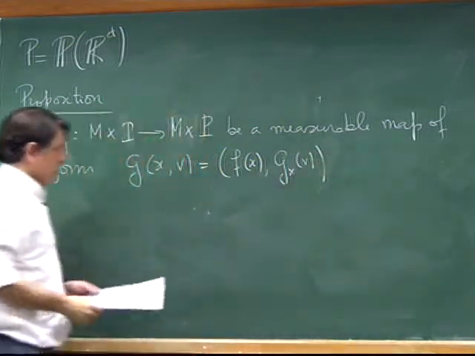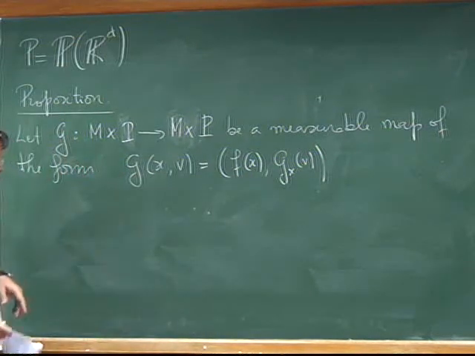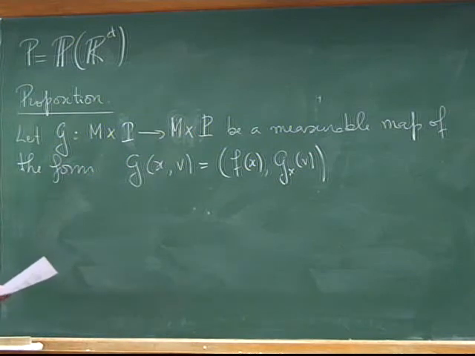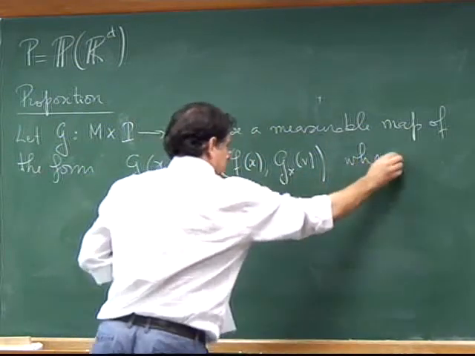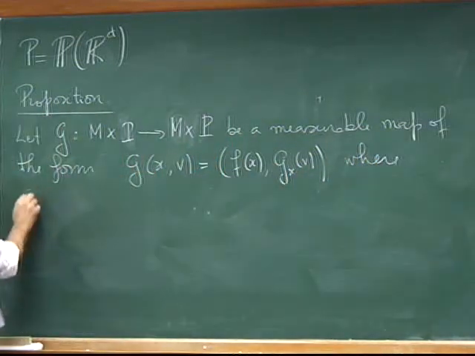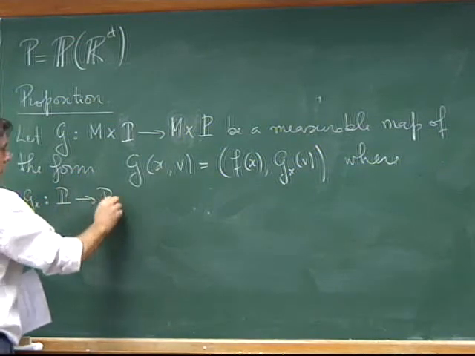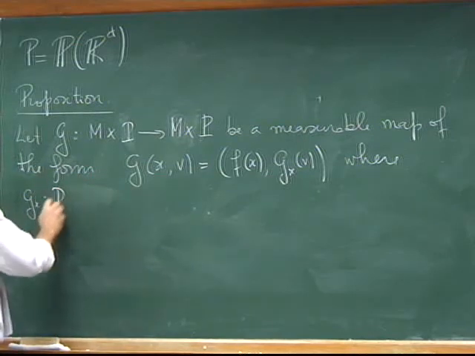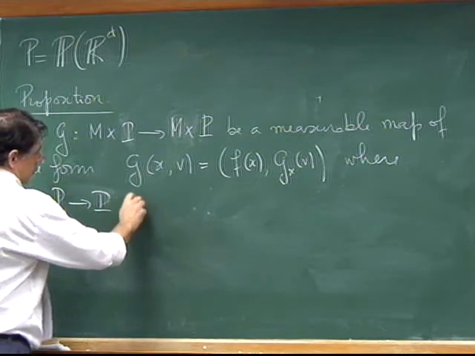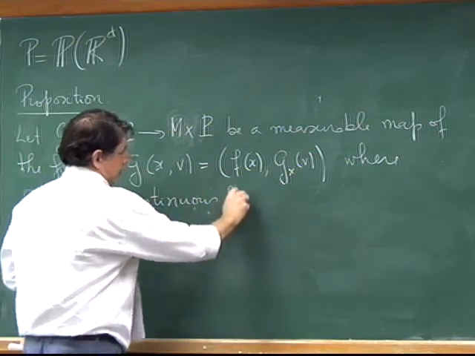So this is a skew product because the first component only depends on the first coordinate, where this g_x is a map from P to P. It's continuous: g_x from P to P is continuous for every x.